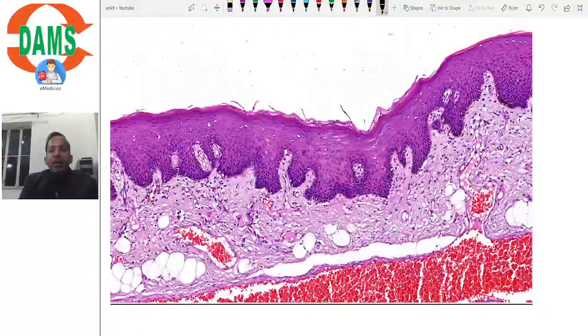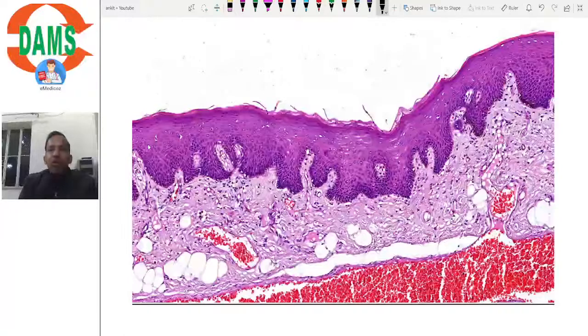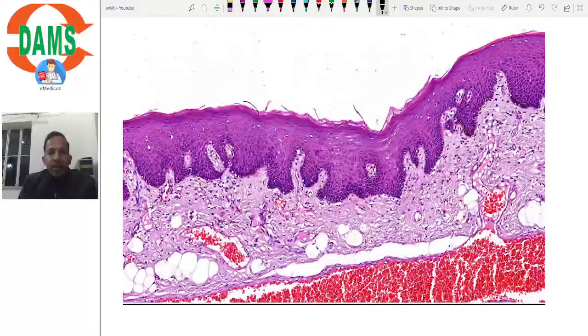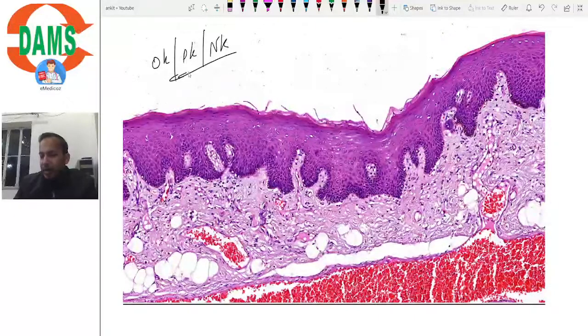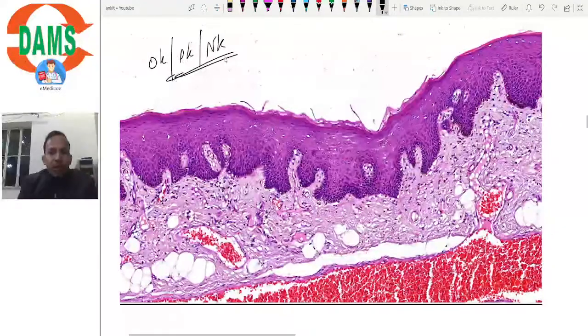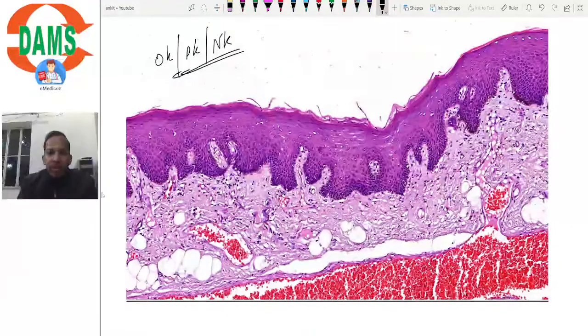Next, this is the histological section of oral mucosa. Can you identify the type of oral mucosa that we are showing on this screen? Is it orthokeratinized, parakeratinized, or non-keratinized? That is all you have to do: identify the type of mucosa displayed on the screen.